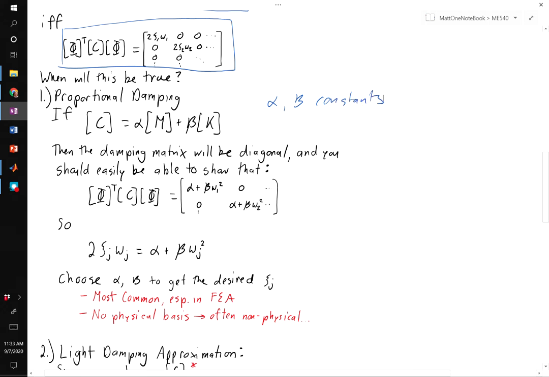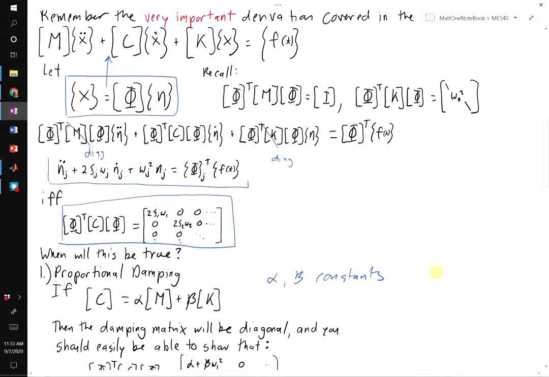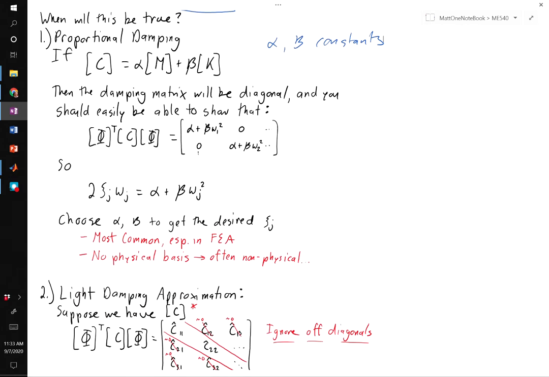then you can basically just plug in here and show that the first term is just going to give us alpha times an identity matrix, and the second term will just give us beta times a diagonal matrix of natural frequency squared. So if we plug that definition in, we can easily show that the damping matrix is diagonal, and that each value on the diagonal is just equal to alpha plus beta times the natural frequency squared.